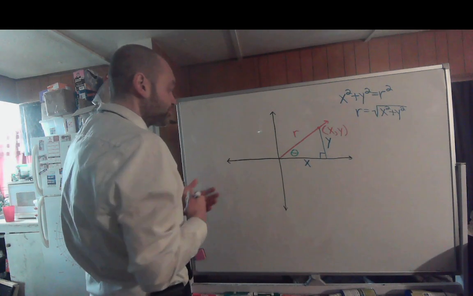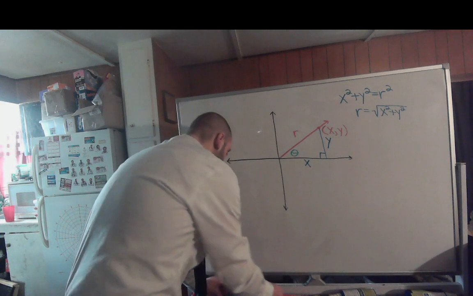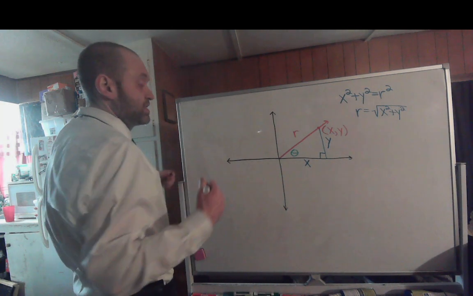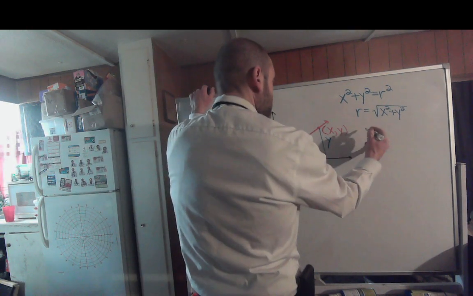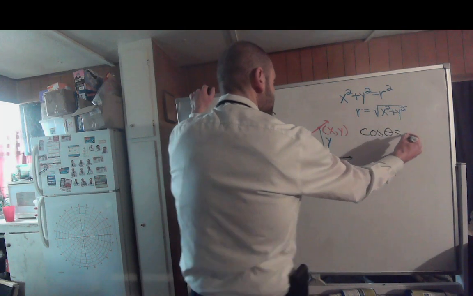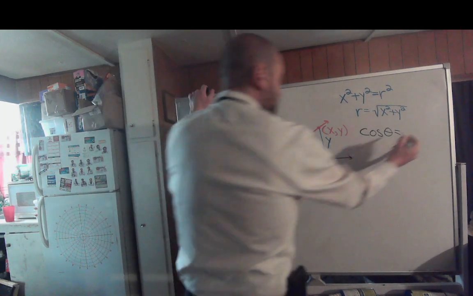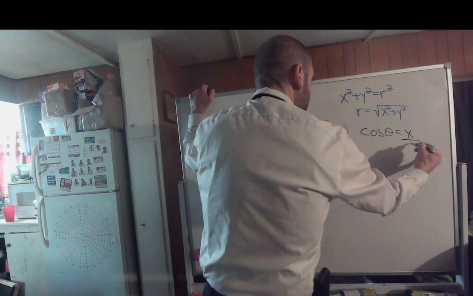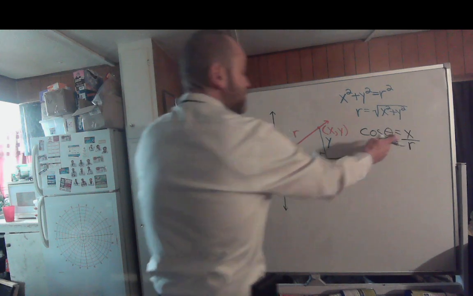Now, you're also going to be asked to evaluate the 6 trig functions for each angle. So if we want to find the cosine of theta, it's the adjacent over the hypotenuse, so it's going to be your x-coordinate over r. And when your default radius is 1, it's just your x-coordinate.